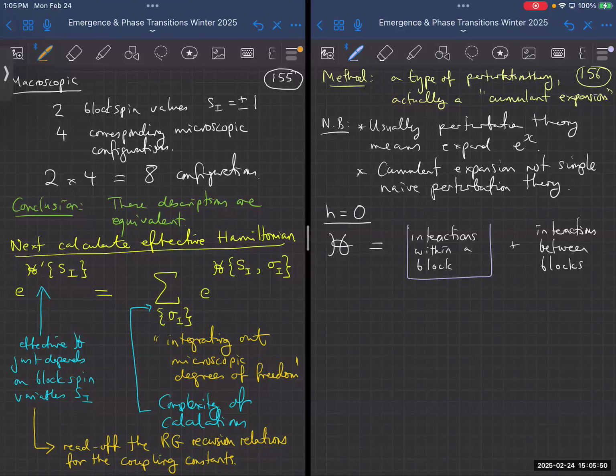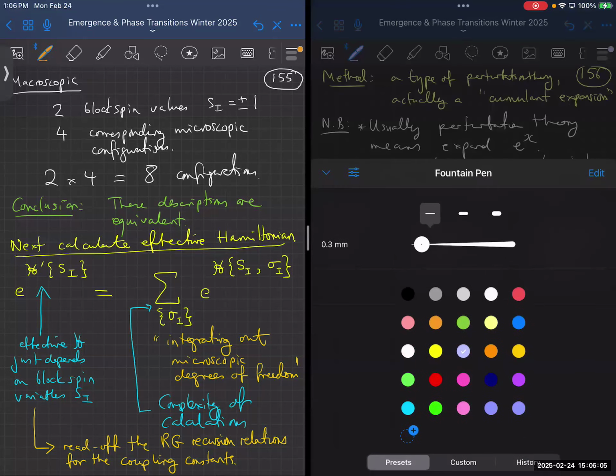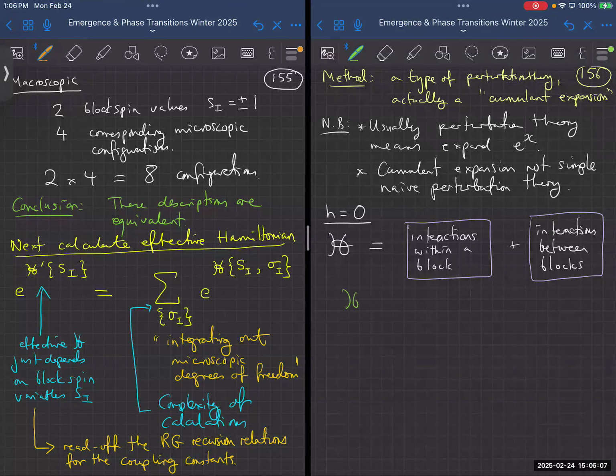What we're going to be able to do is integrate out the interactions within a block, so then we're just left with the effective interactions between blocks. So when I write it like this, H is equal to, well, I'll call this H naught, and then this I will call V.